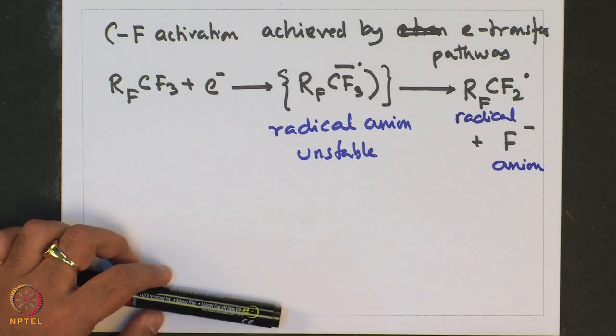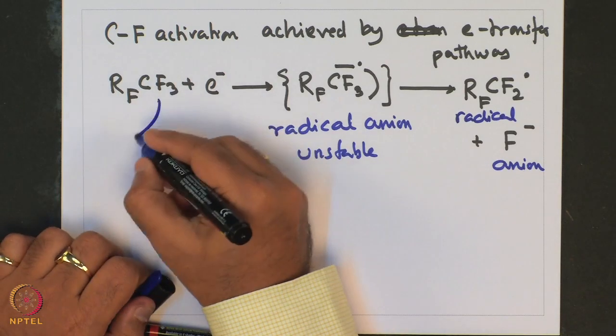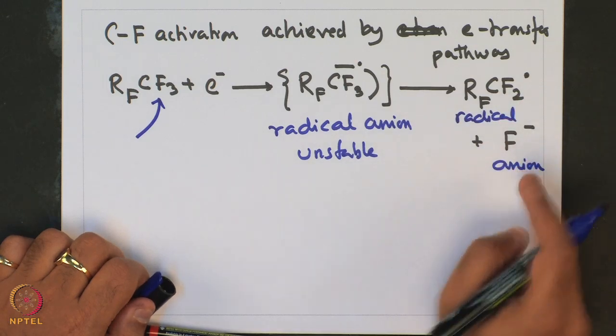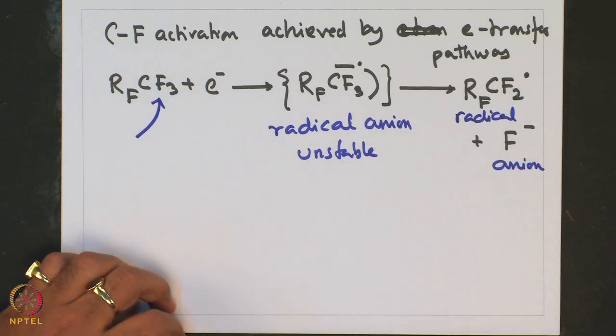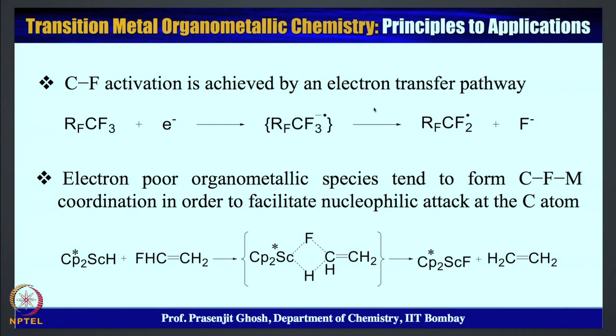So, in the process what one sees is that the CF bond in this RFCF3 has been cleaved to CF2 and F. So, that is how the activation has been achieved, by addition of an electron resulting in the formation of an unstable radical anion, and the radical anion stabilizes itself by decomposing from its radical anion state to give a radical species and anionic species as shown here, thereby achieving this CF bond activation.